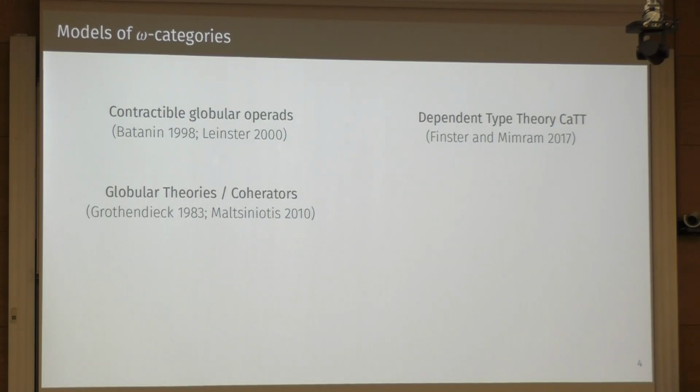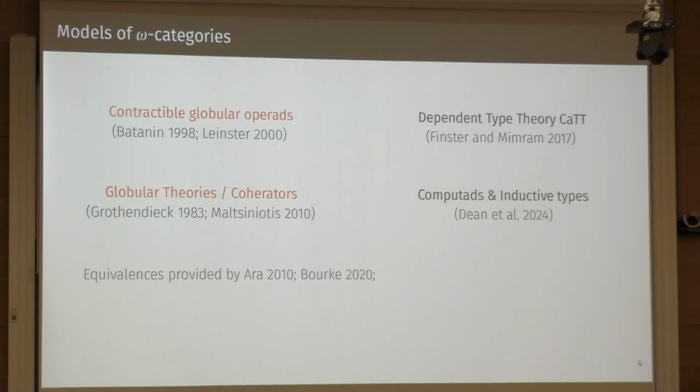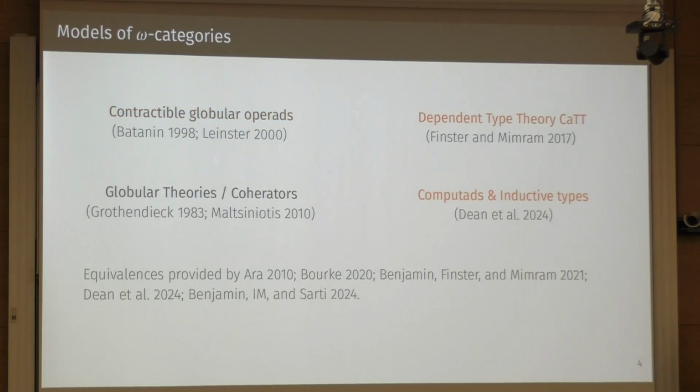There's a dependent type theory called CaTT, whose models are omega categories, and we've given a new presentation of them recently using an adjunction with a category of computads and using inductive types. And there have been equivalences between all those models, so we know that all four of those theories basically describe the same type of object.